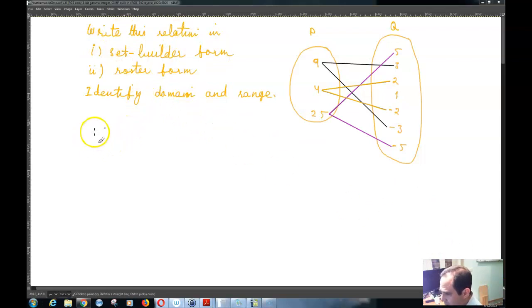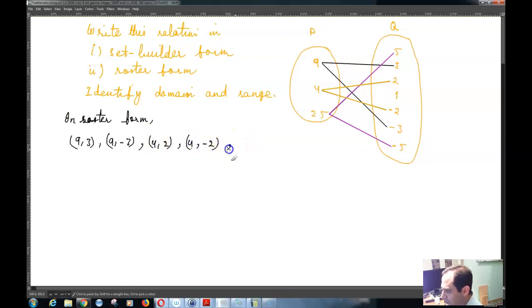Meaning that in roster form you would write this as (9, 3), (9, -3), (4, 2), (4, -2), and (25, 5), (25, -5). That you can call R as a relation.